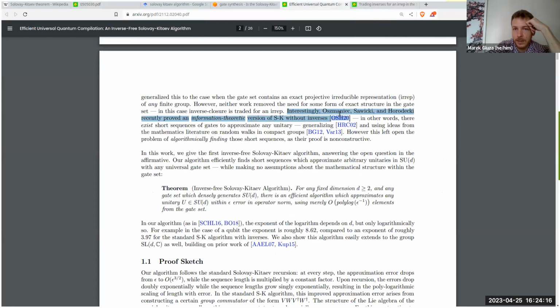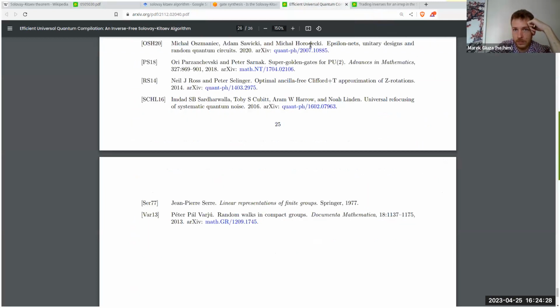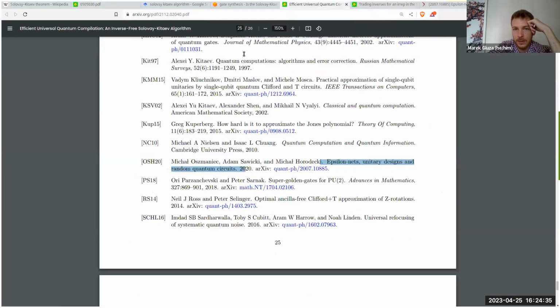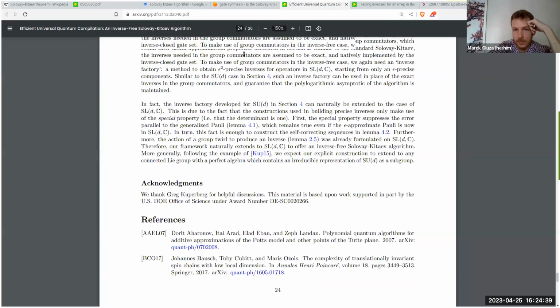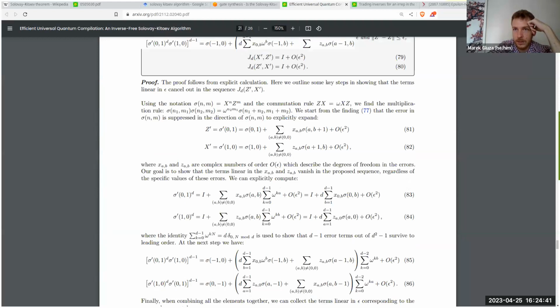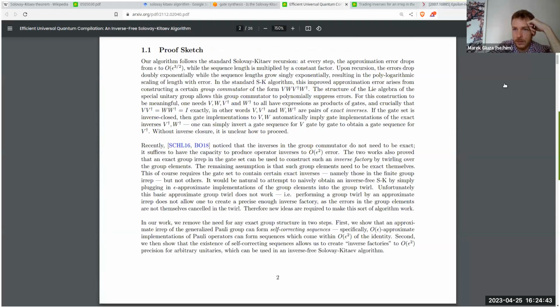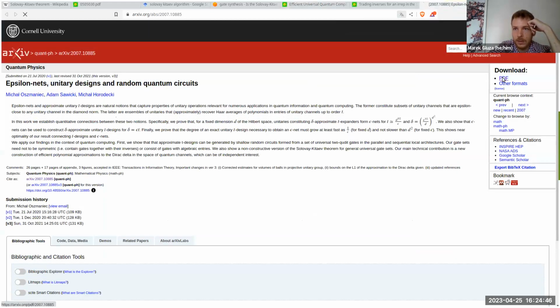And the first paper actually, sorry, maybe Michał had the first paper on this. So Michał Oszmaniec, Ignacy Sawicki, and I think Michał Porodecki, yeah. They were studying those epsilon nets, and they say here, okay, they had this inverse-free thing, and that was actually a lemma, I think, in the algebras that we are proving there.